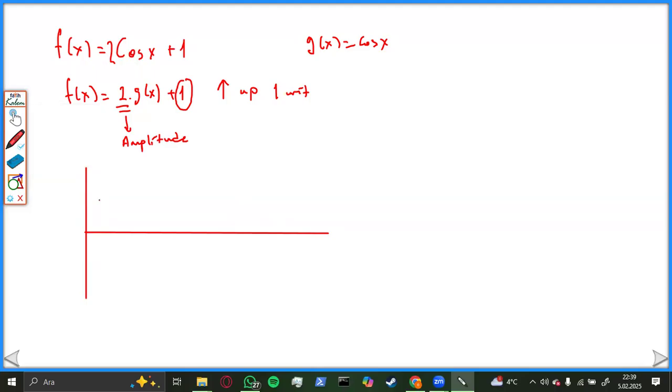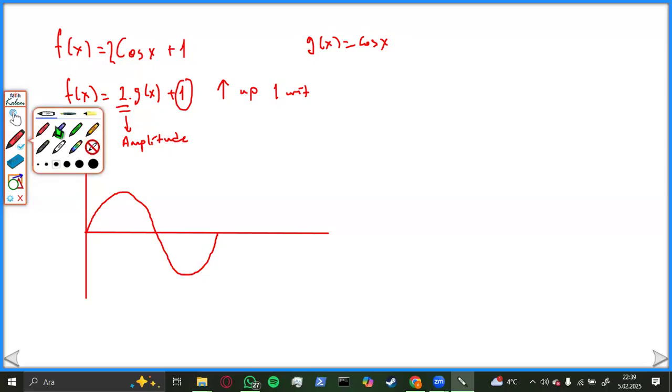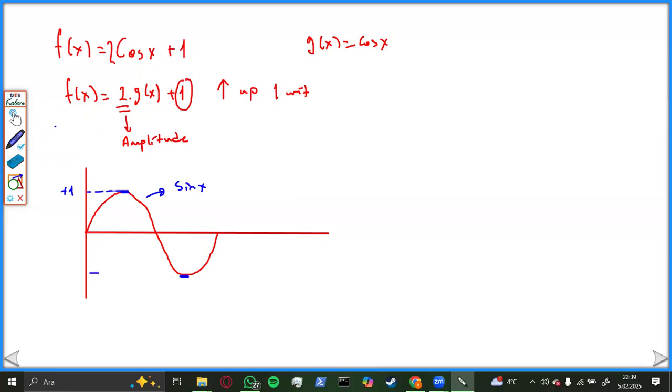Once again, I draw a sine function here. As you can see, for the simple sine x, the maximum point is 1 and the minimum point is minus 1. So the amplitude is 1 for that function.